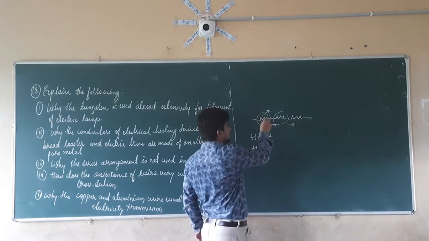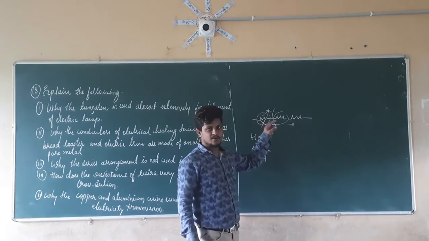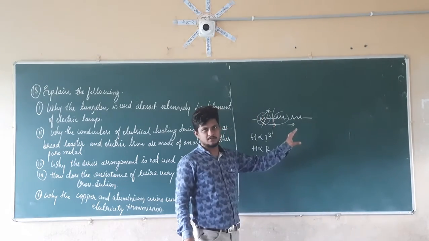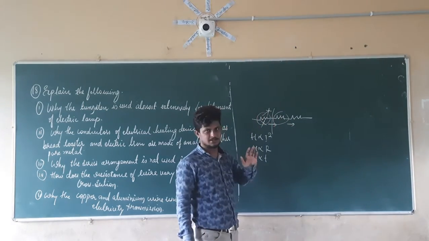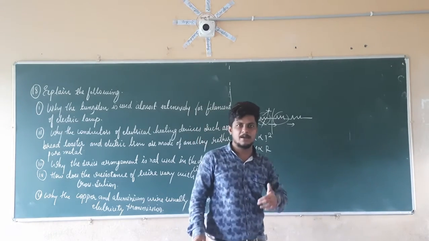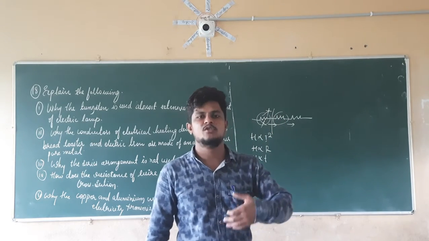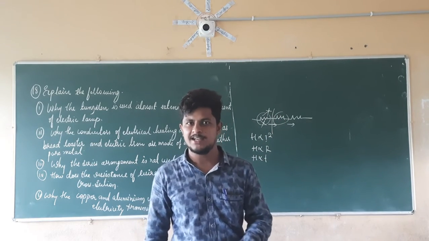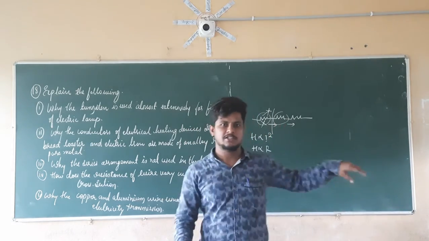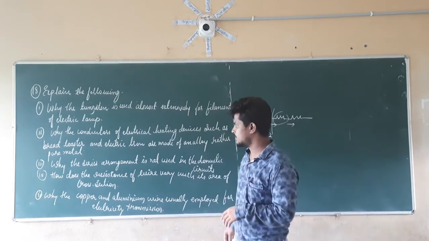So if one stops, everything is going to stop. If one electrical equipment stops in a series connection, all the electrical equipment are going to stop. In the same way, if you connect them in parallel and something happens to one equipment, all the other equipment are not going to stop. They are going to function continuously. For that reason, in the domestic circuit everything is connected in parallel, not in series. Right? So this is the answer for question number 3.